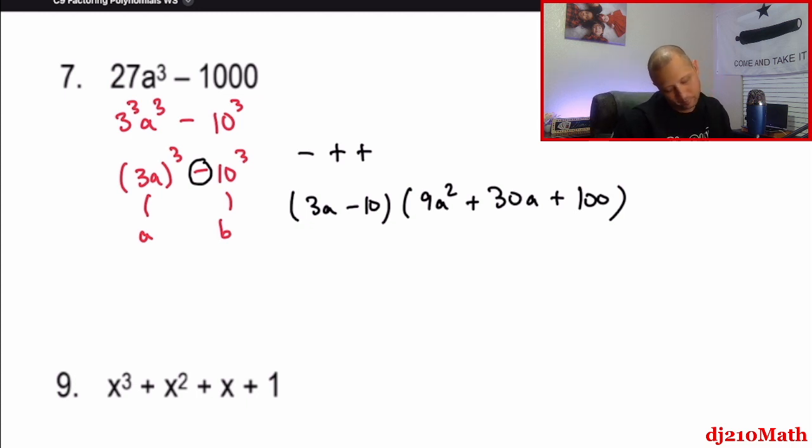Okay. Safe to say, I don't think the second part's factorable. Let's go with that. 900. I don't think it's possible.